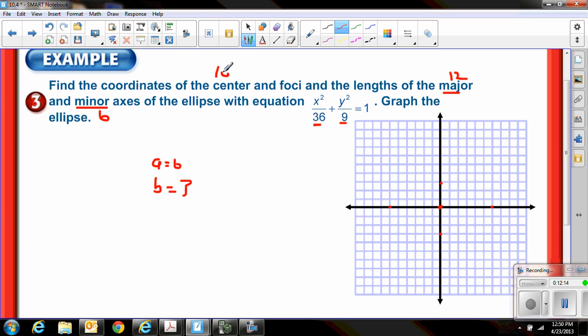My center is 0, 0. And I have one more thing to find, and that would be the foci. The way I find the foci is I find C. Keep in mind C squared is A squared minus B squared.